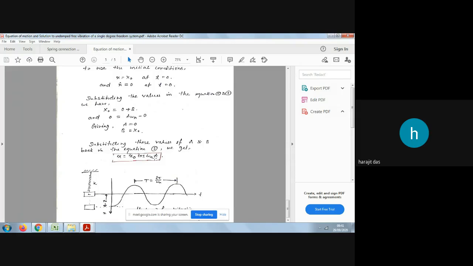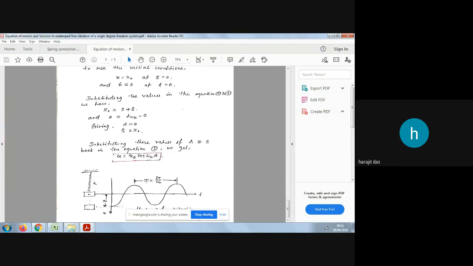Here small t is not a time period. It is the instantaneous time anywhere on the path. But capital T, in terms of omega n, you can write 2 pi by capital T, because that will be your natural frequency. So T equals 2 pi by omega n, this is the time period.